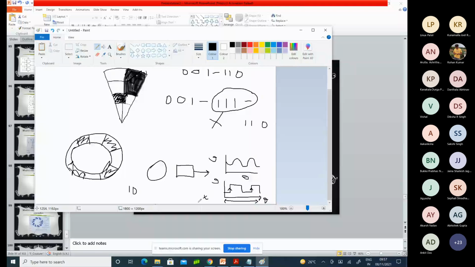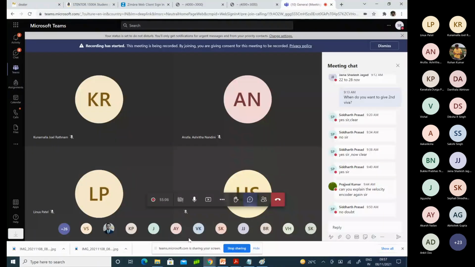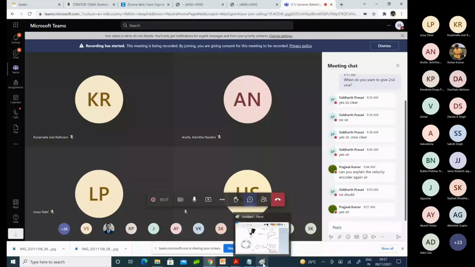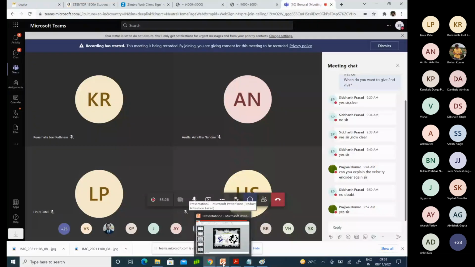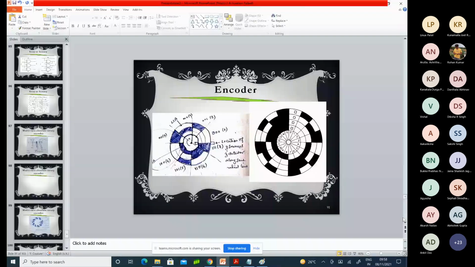Do you understand now? Please tell me. Prujwal Kumar, please tell me if you have now understood this. Okay, now this is clear. Now all of you tell me if you understood the multi-turn shaft encoder, more than one turn.